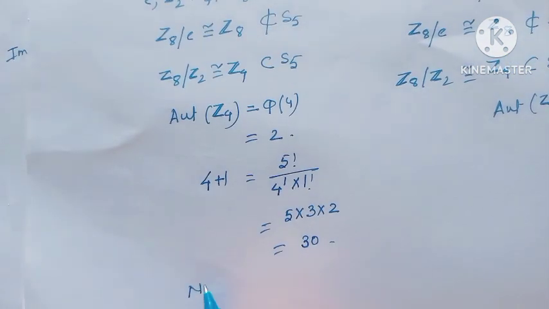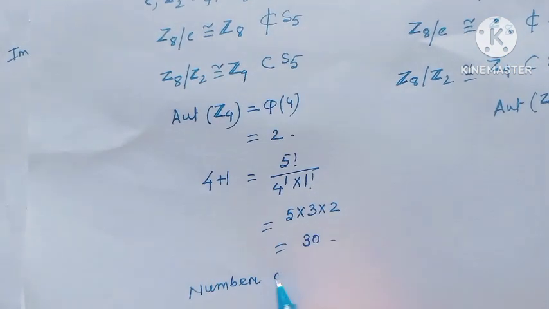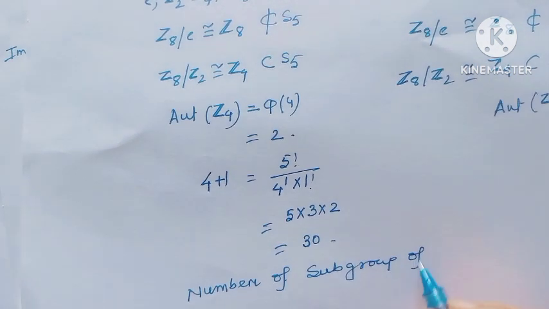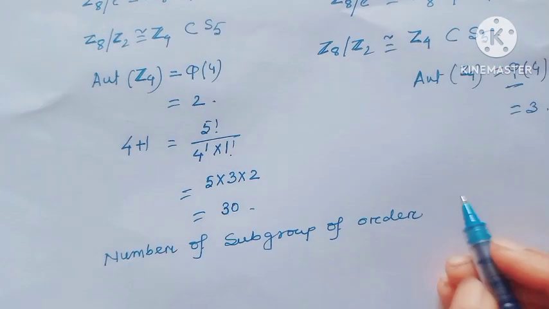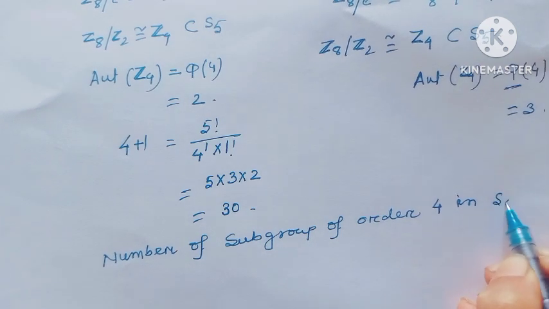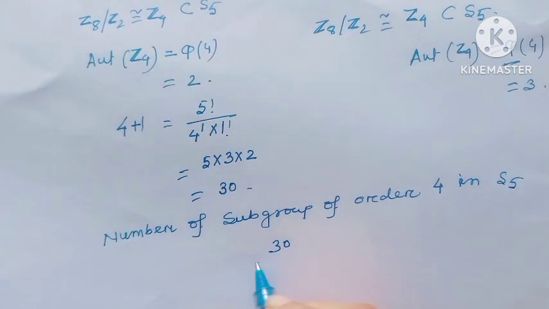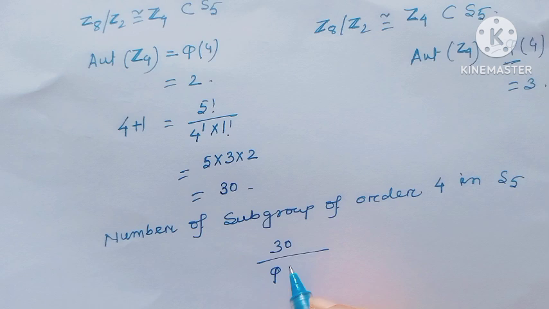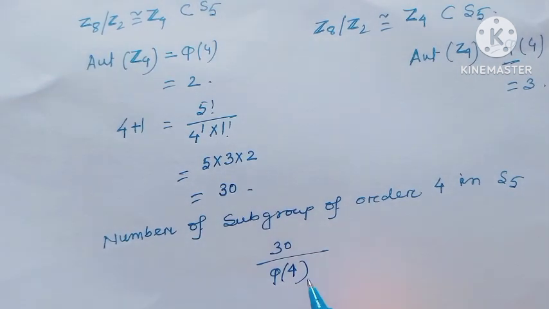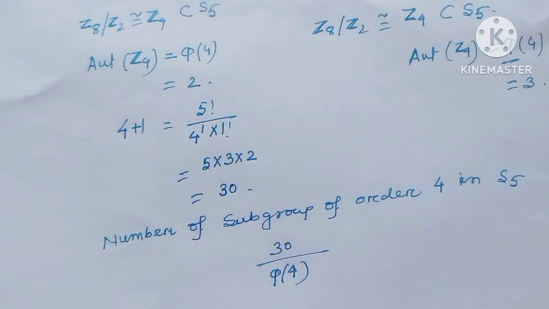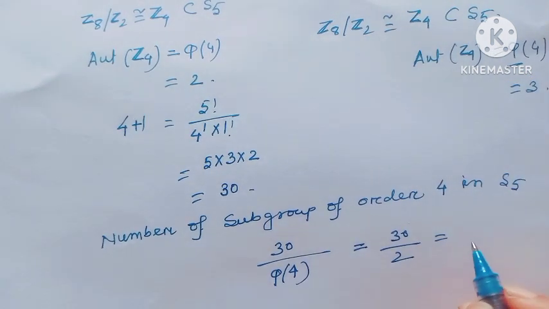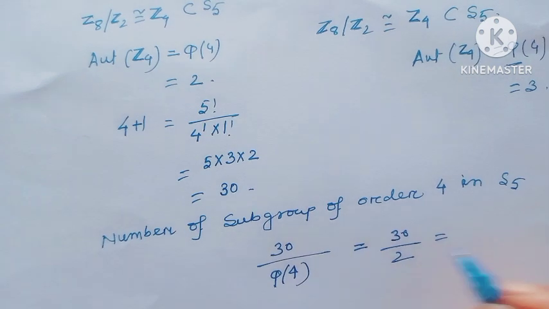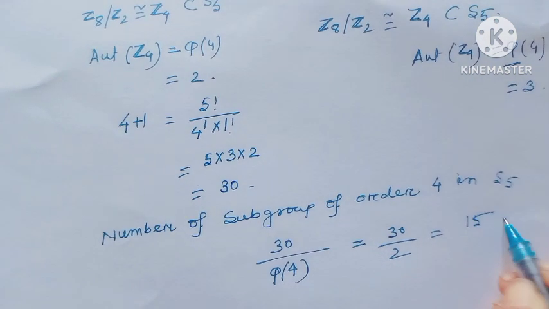That means the number of elements of order 4 in S5 is 30, so the number of subgroups is 30 over 2, which is equal to 15.